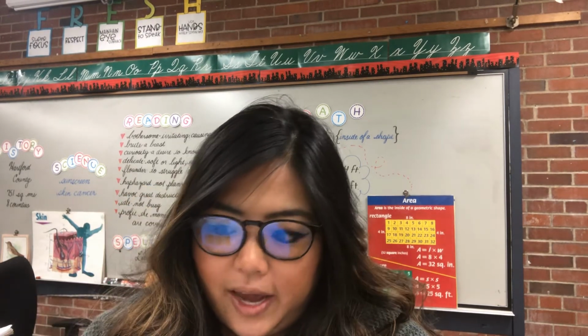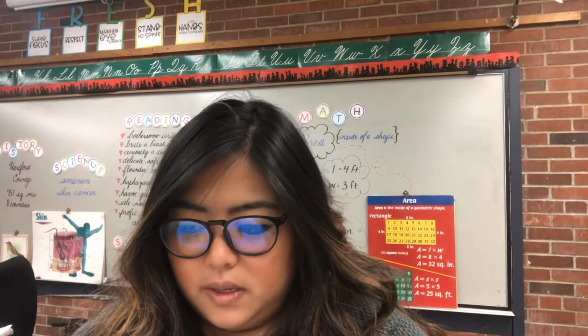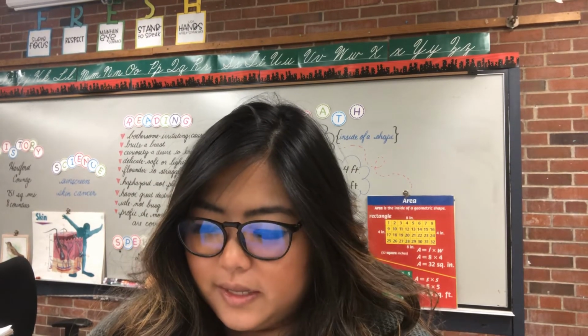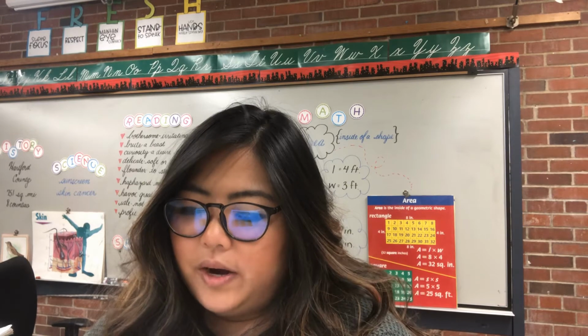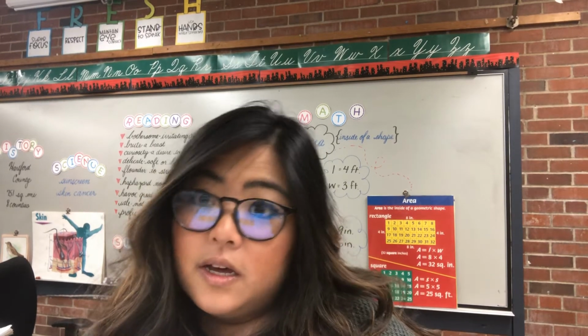How many did you count? Keep going, keep going. When you got done counting, you should have this many square units. I'm not going to tell you, you got to figure it out.